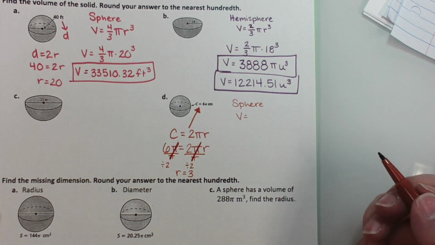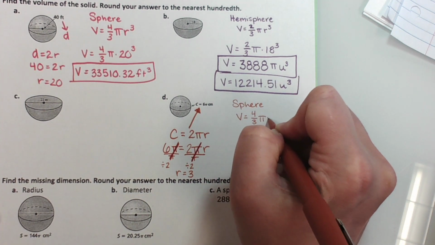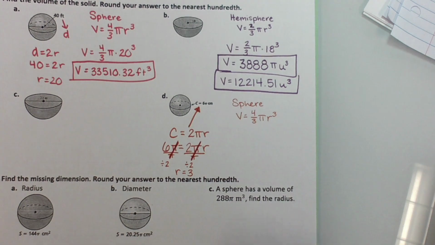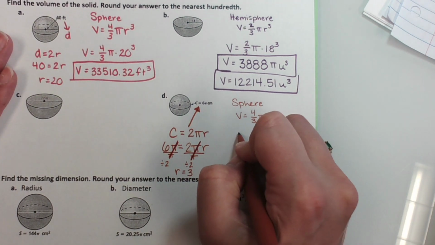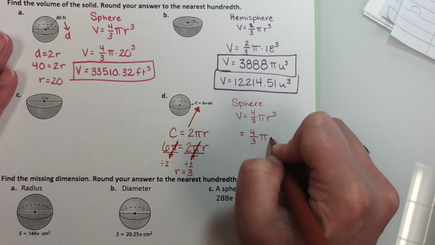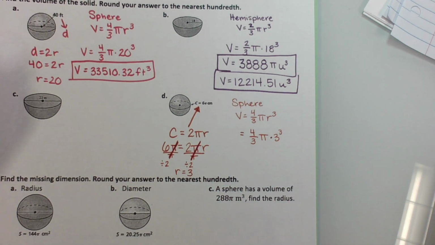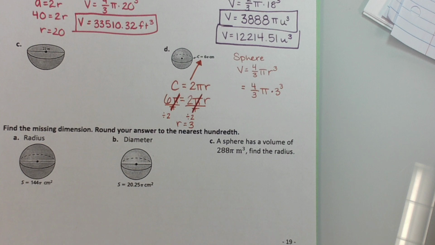4/3 or 2/3? 4/3 pi r cubed. Volume formulas for spheres have a cubed on them. Could I do an exact answer on this one? Perchance. Some of you have been doing the calculations before typing it into a calculator, which is perfectly fine.